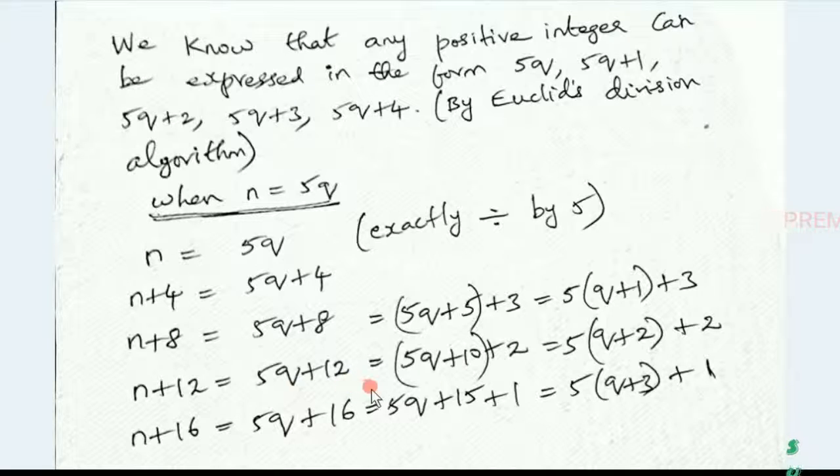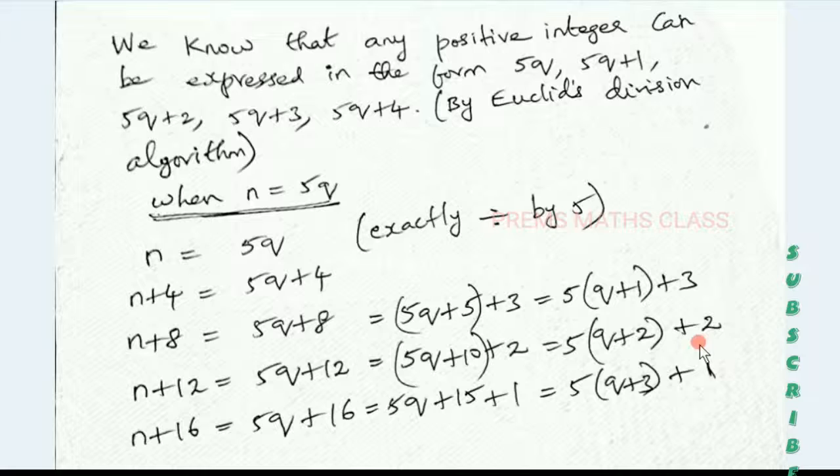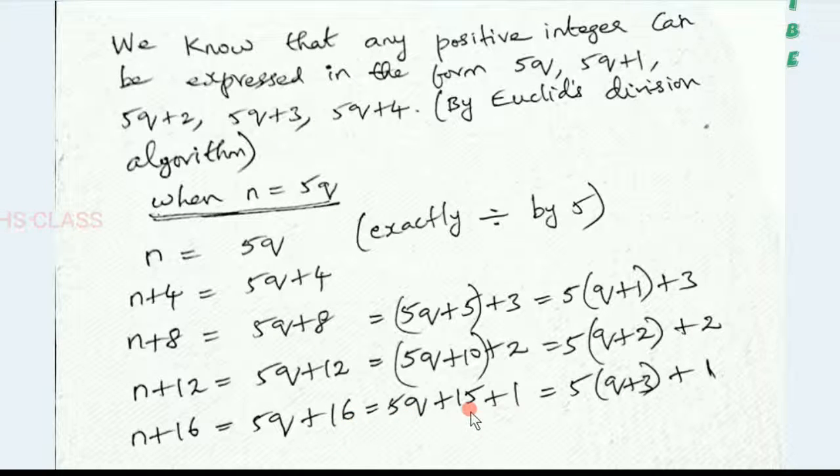Next, n+12. Substitute n equal to 5q, plus 12. This 12 can be written as 10 plus 2. Now taking 5 common from these two, we get 5 into q plus 2, plus 2. So here the remainder is 2, so not divisible by 5. Next, n+16. Substitute n equal to 5q, plus 16.